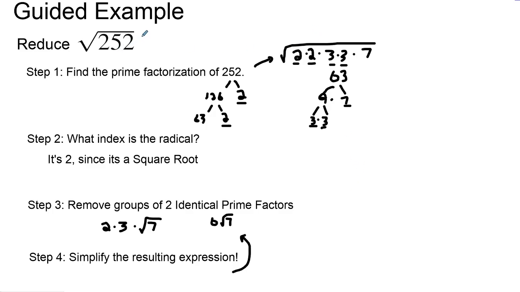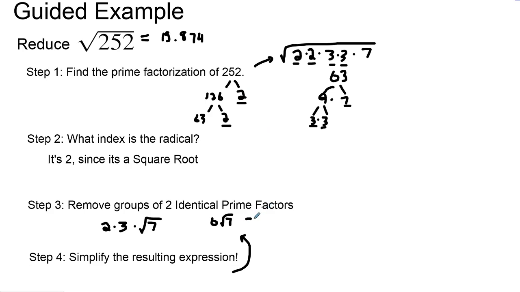If you take the square root of 252, you get 15.874. Now, if I take the square root of 7 and multiply it by 6, I should get the same answer. So I'm going to take the square root of 7 and multiply it by 6.